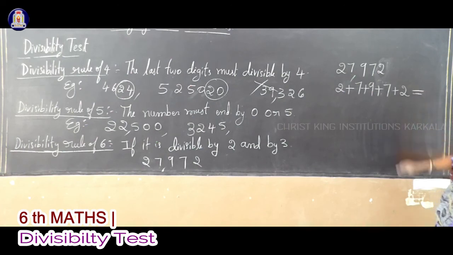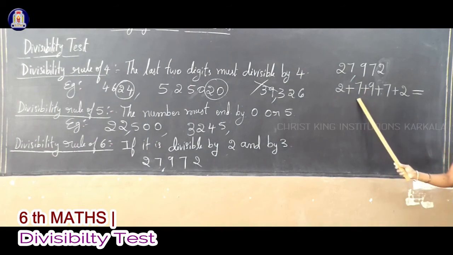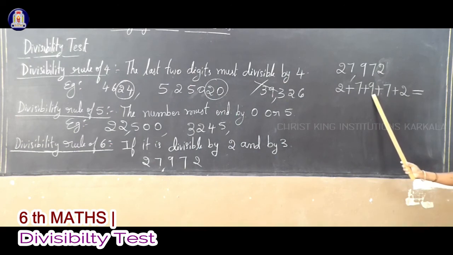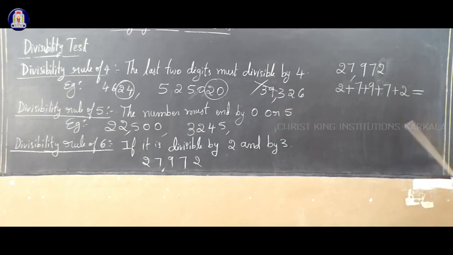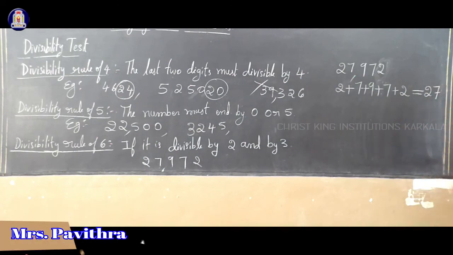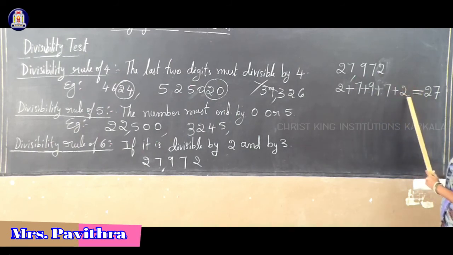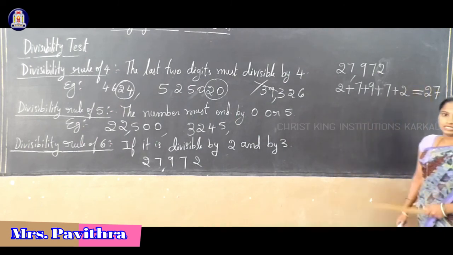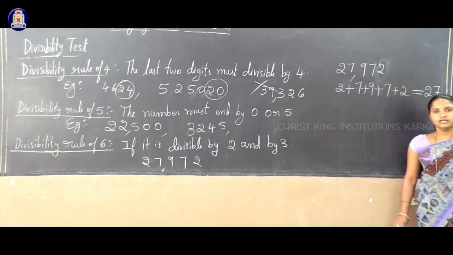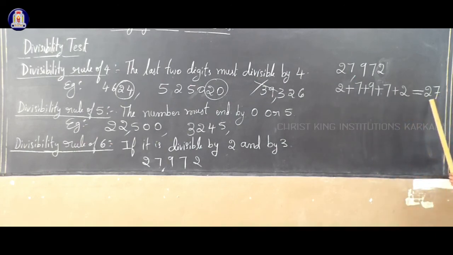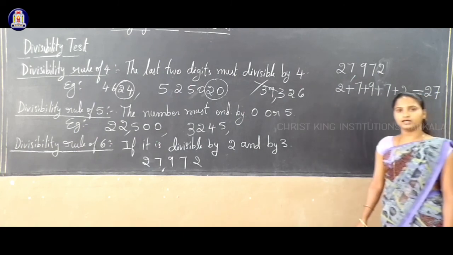What happens if we add all the digits? 9 plus 9, 18. 18 plus 2, 20. 20 plus 7, 27. So 27 is a multiple of 3, right? 3 divides 27.